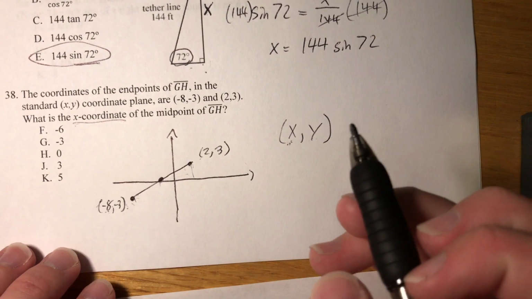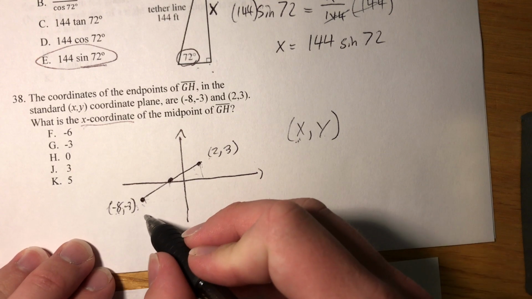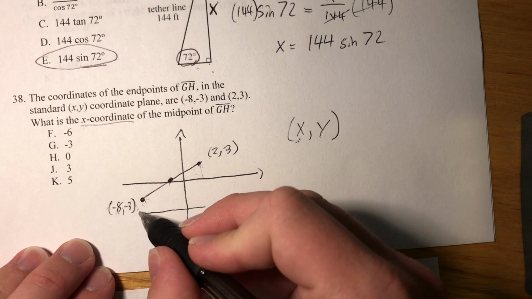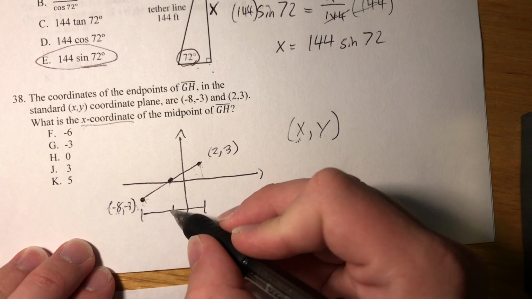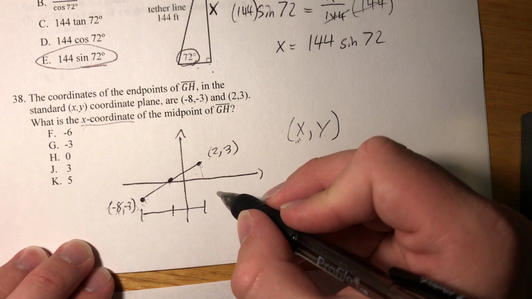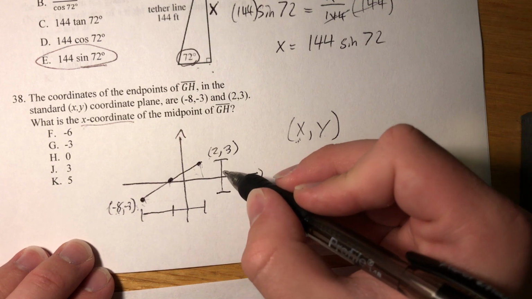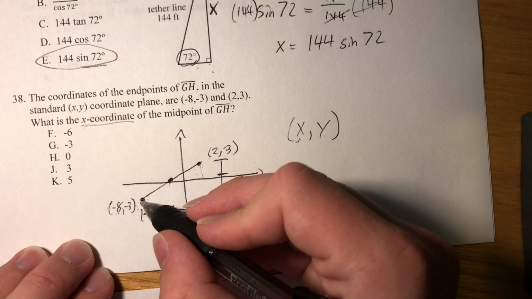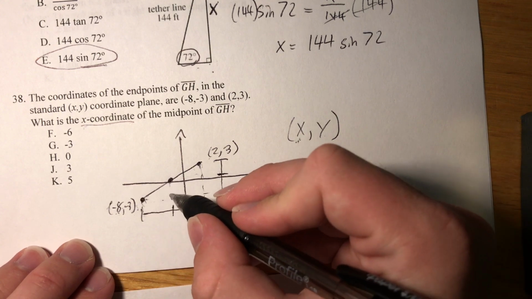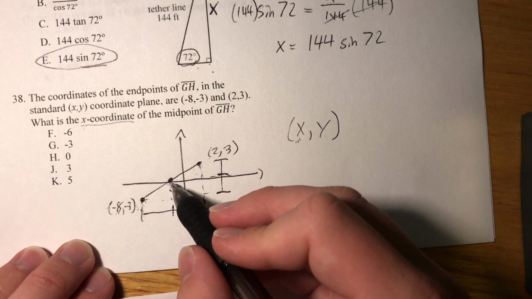And really all that means is you're looking at the x-coordinates from here to here, and you're looking at what comes in between, right in the middle. And you're doing the same for the vertical. And that will give you this point.